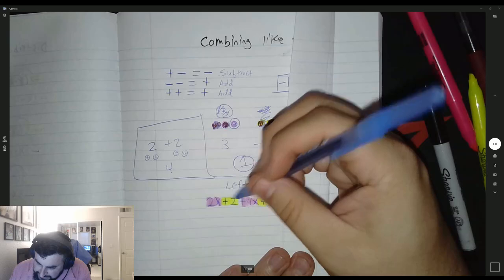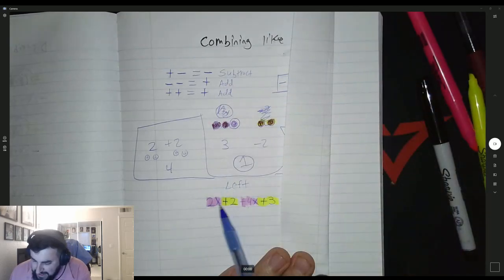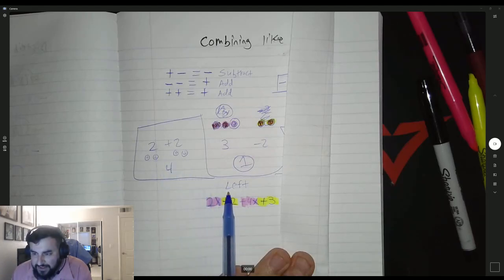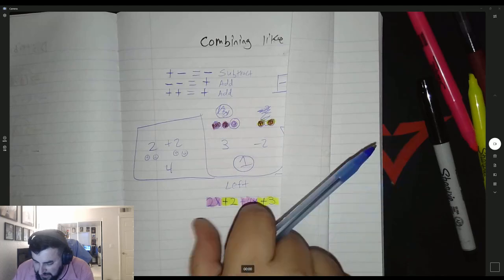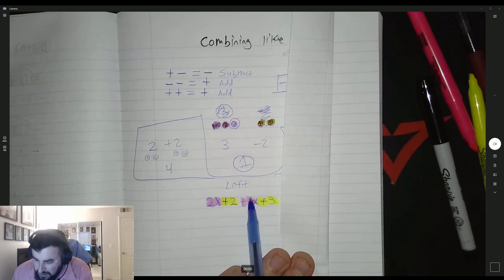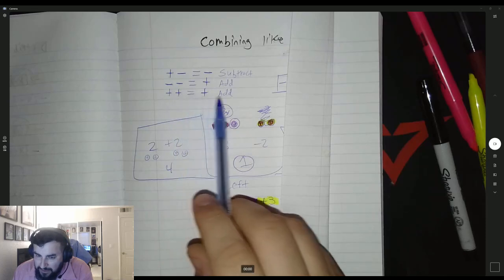So my goal is to combine the guys who want to get together. Now, if you're pink, that means you're an X. And just like up here, instead of doing a 2x and a positive 4x, I can put these together and make one thing. So 2x and 4 positives, right? So 2 positives and 4 positives. And when they're both positive, you got to add them together.